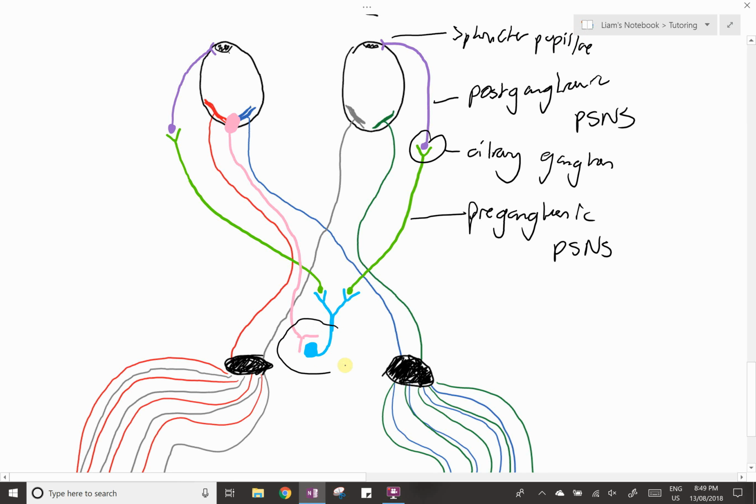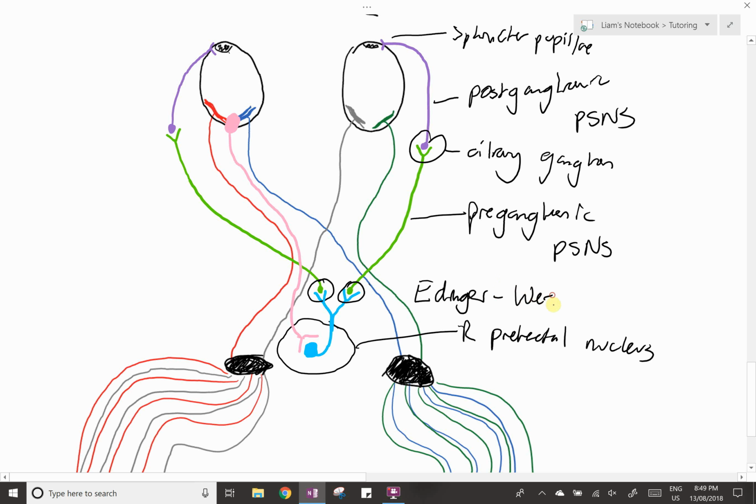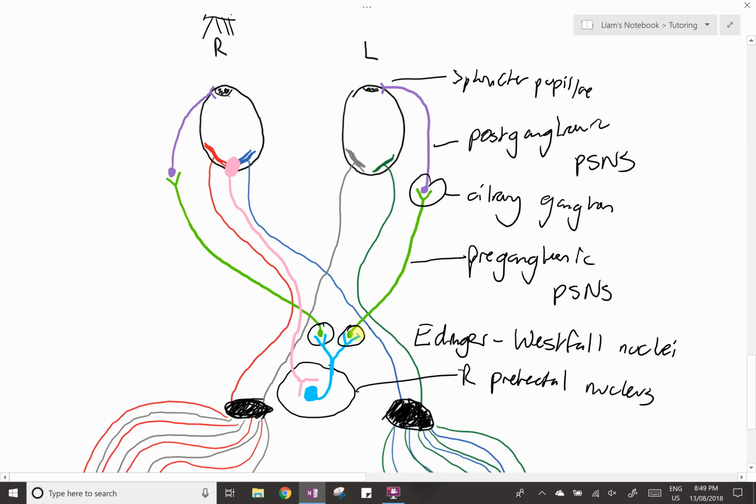So this guy here, that's our right pretectal nucleus. It's projecting to both our right and our left Edinger-Westphal nuclei. And from there, sending fibers out to the ciliary ganglion.